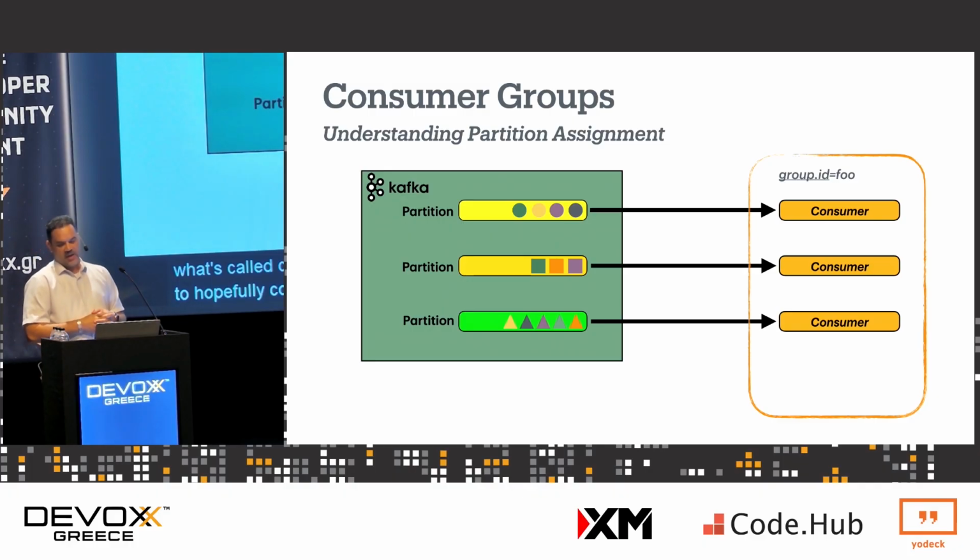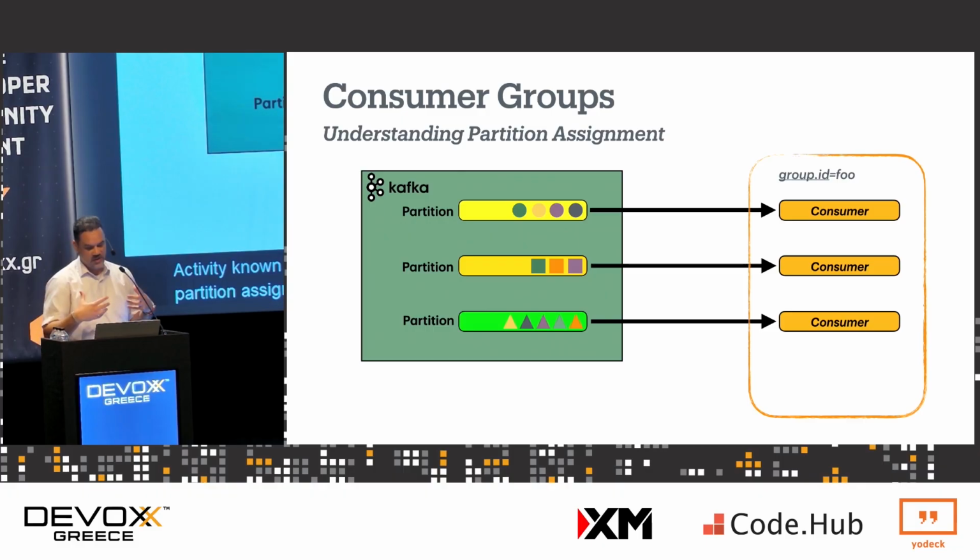So we give that consumer a group ID property. And when we add more consumer instances with that same group ID property, they participate in this activity known as consumer group coordination. And what that does is that manages the partition assignments of the targeted topics to members of the consumer group.